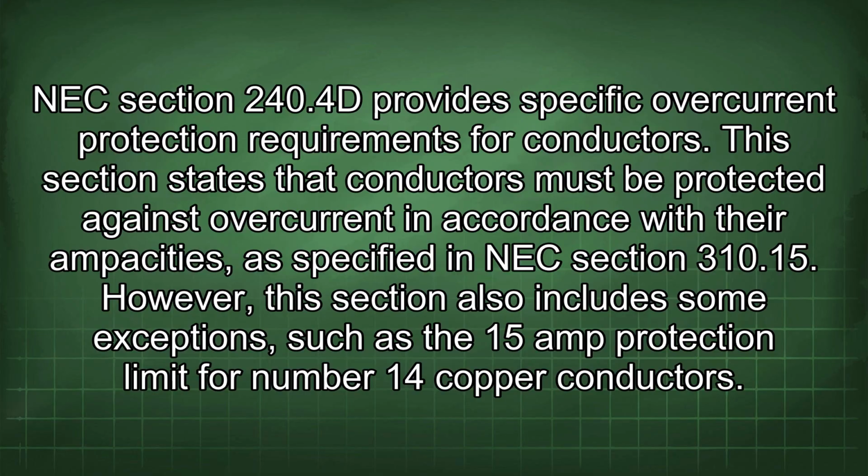NEC Section 240.4(D) provides specific overcurrent protection requirements for conductors. This section states that conductors must be protected against overcurrent in accordance with their ampacities, as specified in NEC Section 310.15. However, this section also includes some exceptions, such as the 15 amp protection limit for number 14 copper conductors.